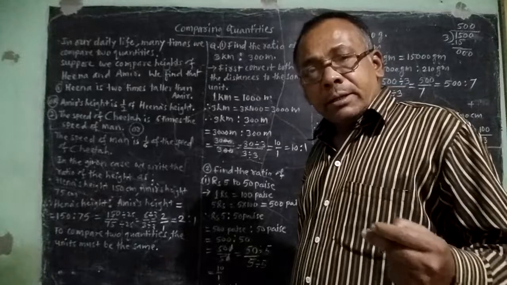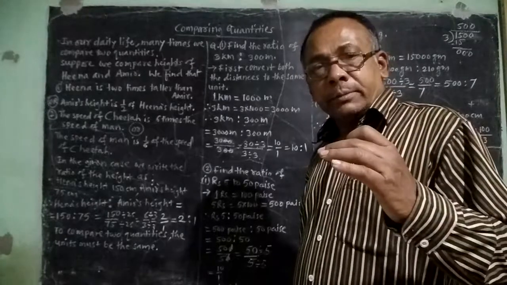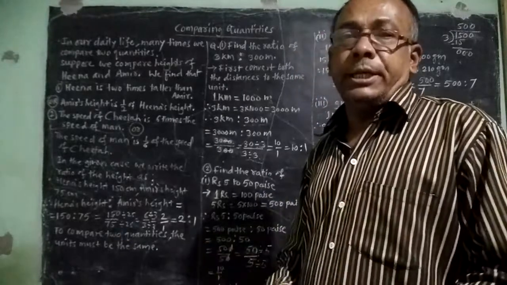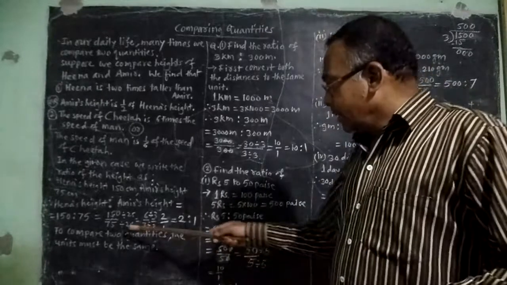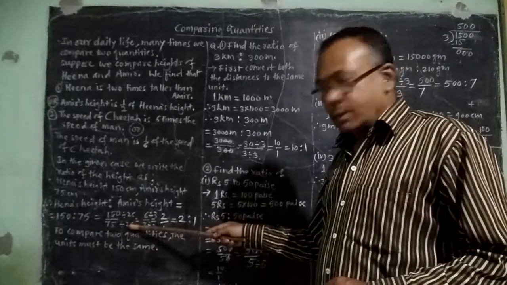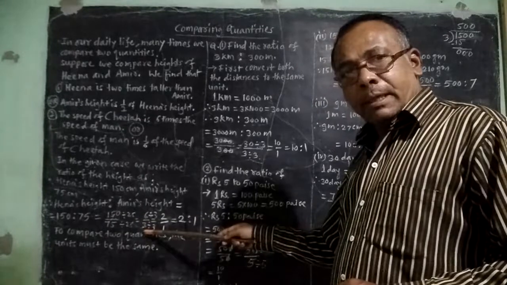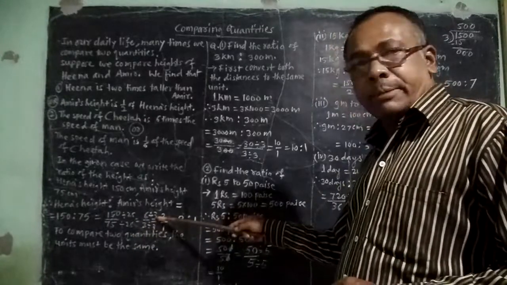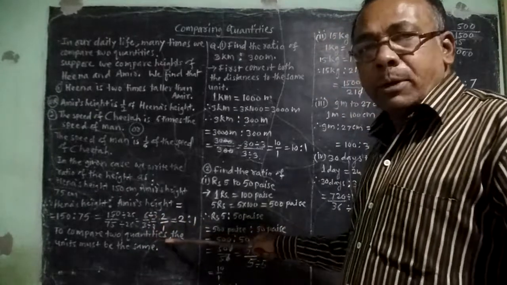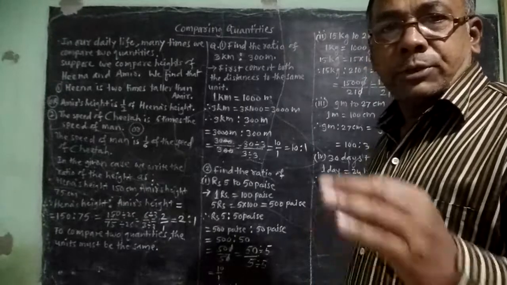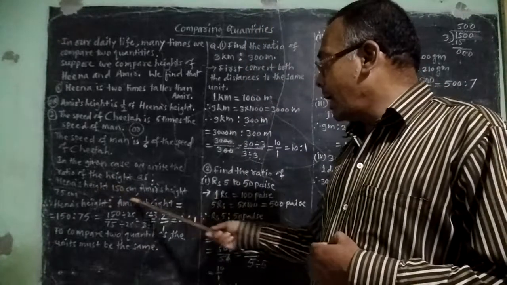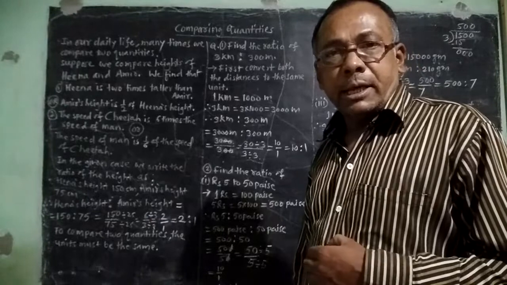By dividing numerator and denominator by the same number, means after reducing the ratio, here 150 and 75 both are divided by 25, we get 6 upon 3, and then 6 upon 3 is again divided by 3, both numerator and denominator, then we will get 2 upon 1, and 2 upon 1 can be written as 2 as to 1, and 2 as to 1 is the ratio of Hina's height and Amir's height.